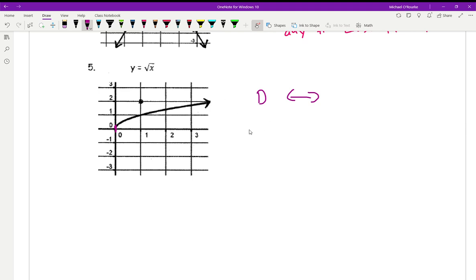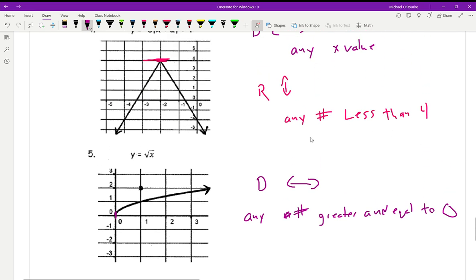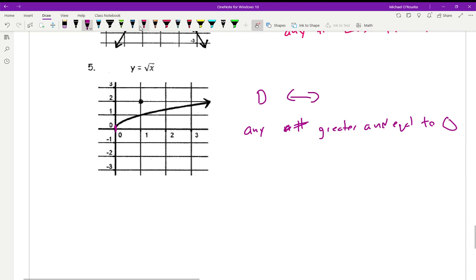So any number, I'm going to use a symbol, greater than, oh, I forgot, and equal to 0. All these should be equal to as well. I'm not going to worry about that right now.